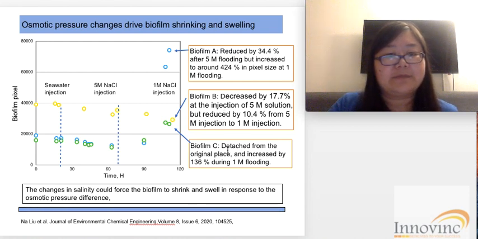And biofilm C detached from the original place and increased by 136% during the 1 molar flooding. So the change of the salinity can force the biofilm to shrink and swell in response to the osmotic pressure differential.